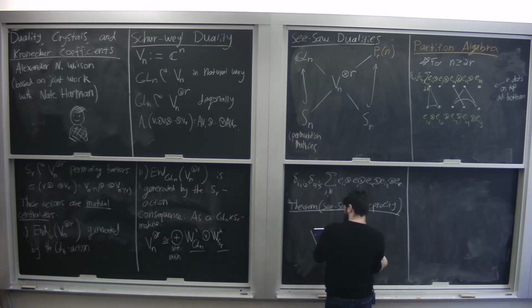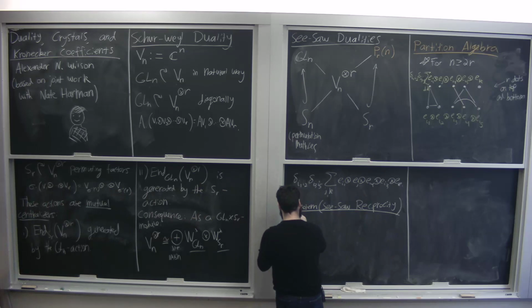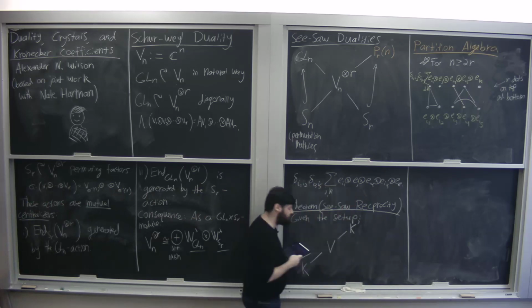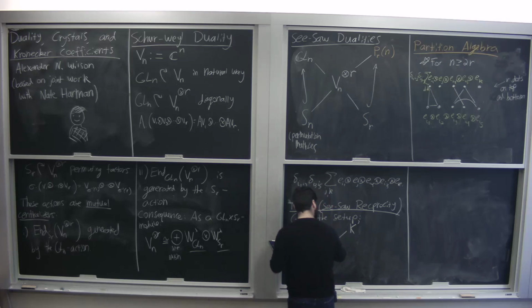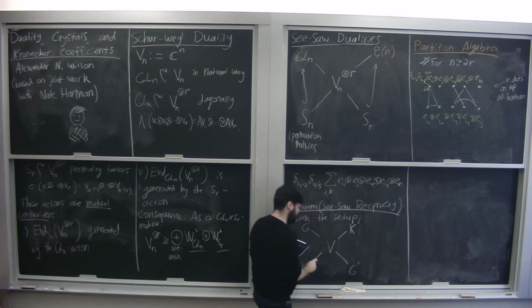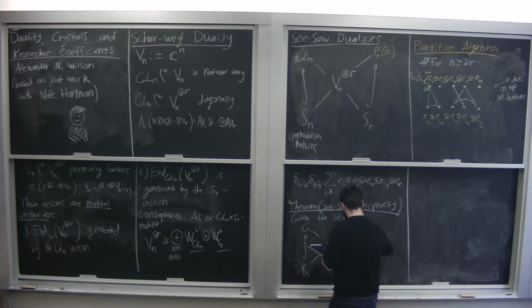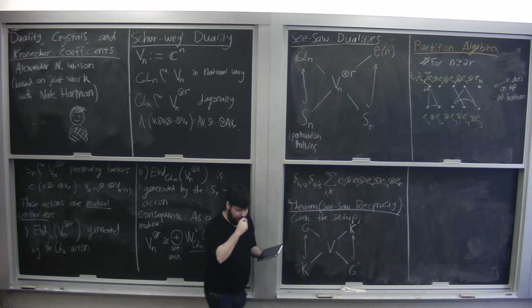Okay, so what seesaw reciprocity tells you is that, given the setup, here I'm going to have a vector space V in the middle, K and K prime are Seesaw dual to each other. They're mutual centralizers. G and G prime are Seesaw dual to each other. And K sits inside G, and G prime sits inside K prime.